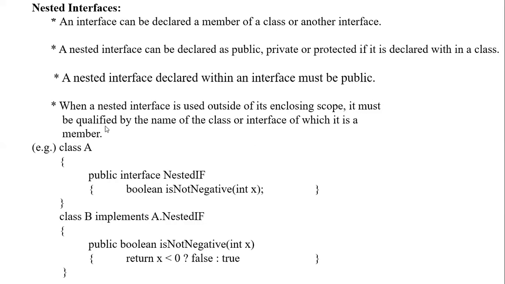It must be qualified by the name of the class or interface of which it is a member. Wherever you want to talk about the method isNotNegative, you have to refer to it with respect to A.NestedIF, that is, the class or interface name within which that interface is enclosed. In the example, I identify this method by writing A.NestedIF. That is what it is saying.